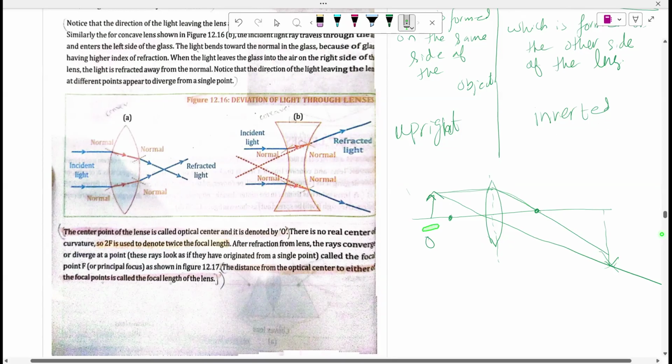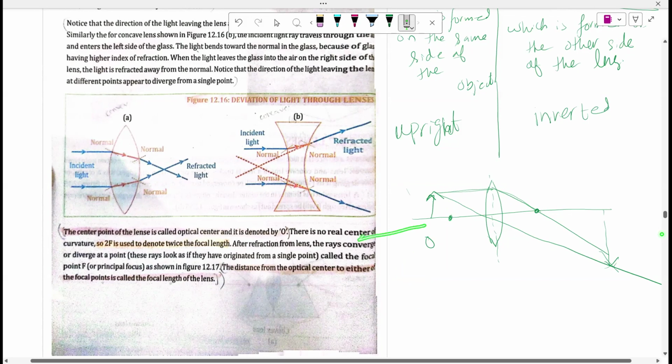Secondly, the object is on this side of the lens, and the image is formed on the other side of the lens. This is also an indication of a real image. But the size of the image would totally depend on the distance from the focus point. I'm not showing the second focus, just the first focus point.